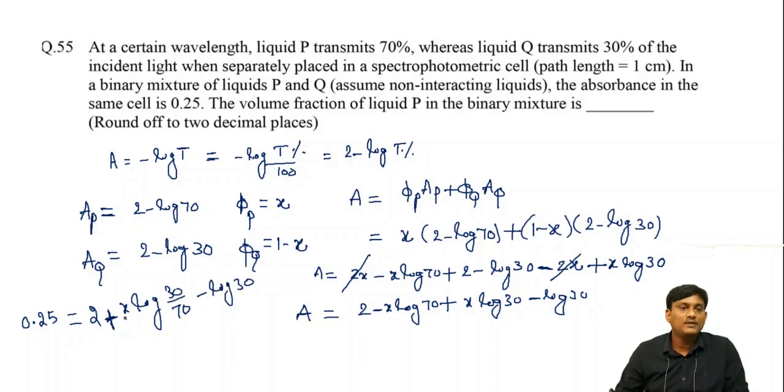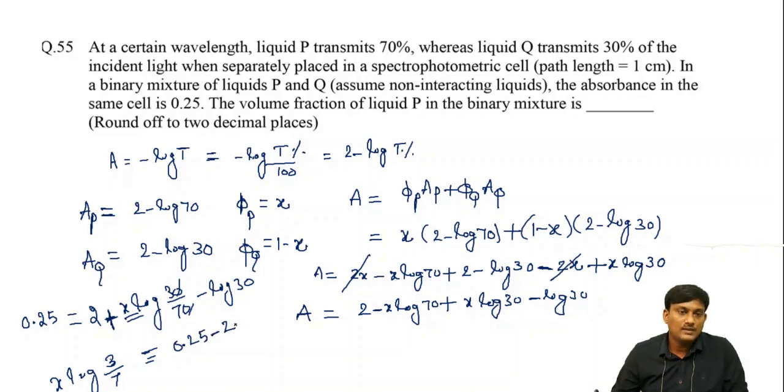So you have to find out the x value. So x log 3 by 7 is equal to 0.25 minus 2 plus log 30.